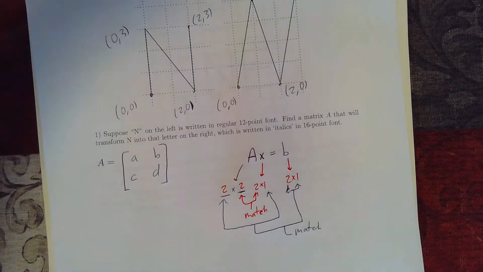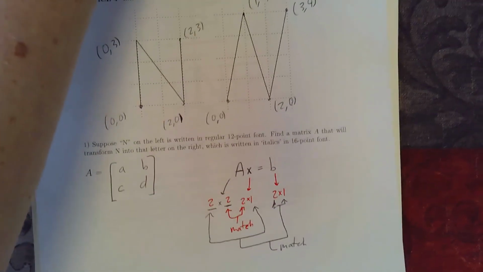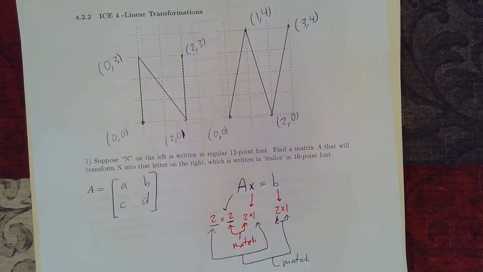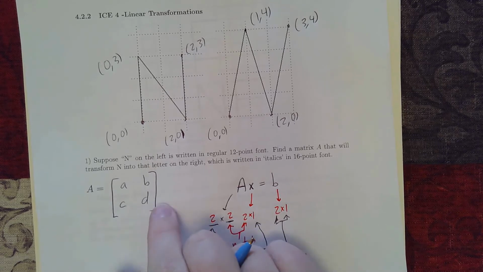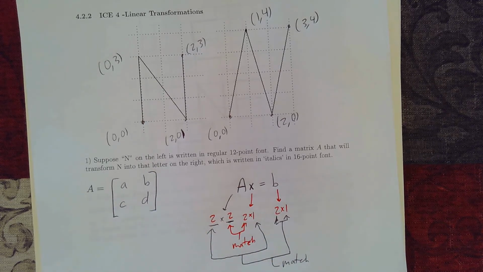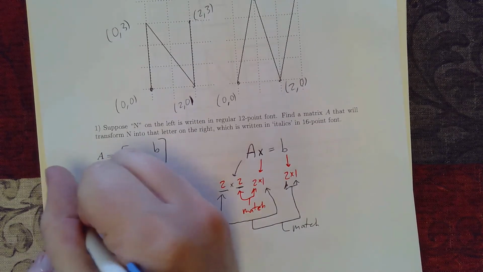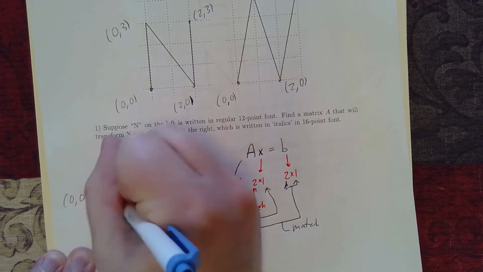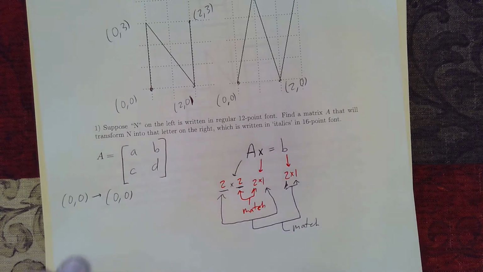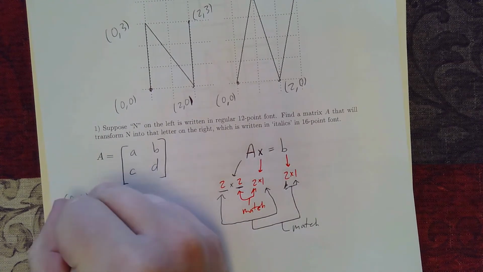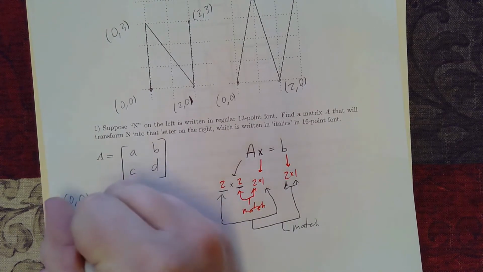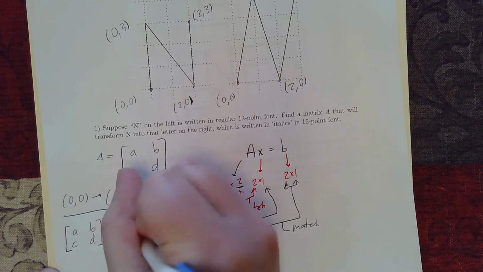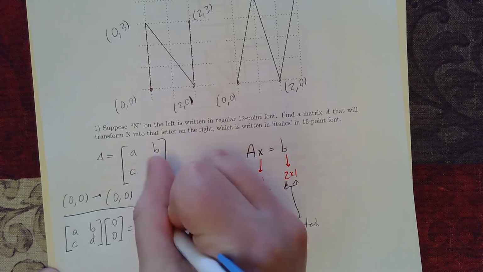The idea is we want to take some of these points we have up here and use them to multiply A by something in order to figure out what a, b, c, and d are. For example, the point 0, 0 is going to become 0, 0. That comes from taking A times 0, 0 and getting an output of 0, 0.